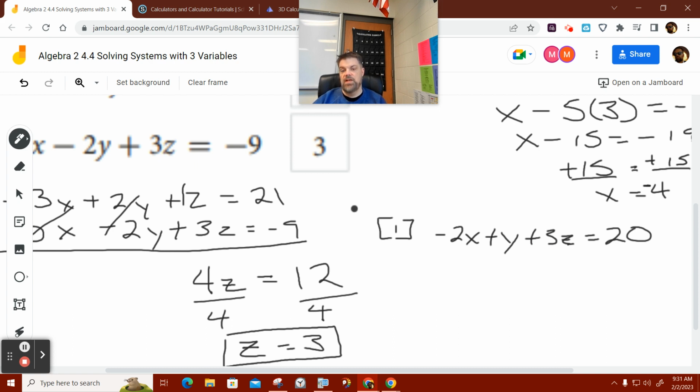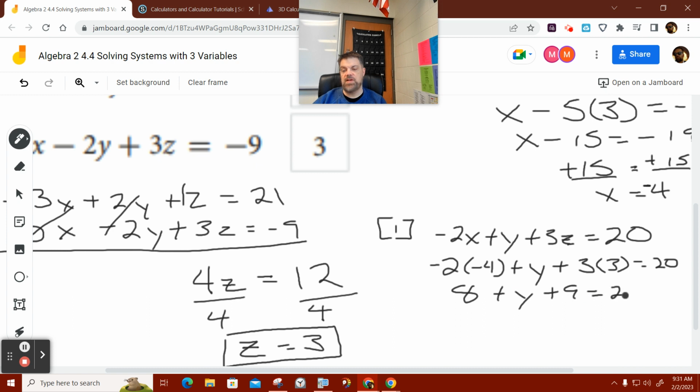Okay? And so if my x value is negative 4, I'm going to plug that in wherever there's an x, plus y, which is what we're solving for, plus 3 times z, which we said was 3, is equal to 20. So then this becomes a positive 8 plus y plus 9 equals 20, right? So then I combine like terms.